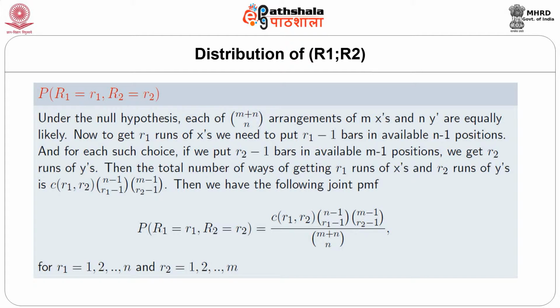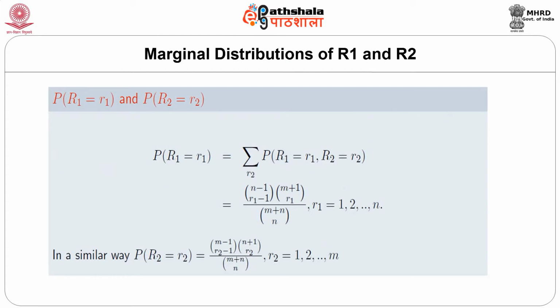Then the total number of ways of getting r1 runs of x's and r2 runs of y's is C(r1, r2) multiplied by n minus 1 choose r1 minus 1 multiplied by m minus 1 choose r2 minus 1. Thus, we have the following joint distribution, that is, the number of ways divided by m plus n choose n.